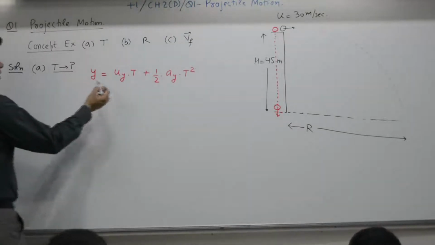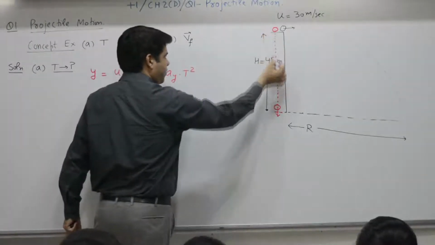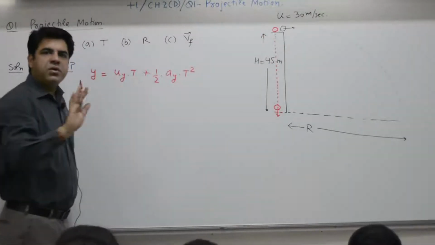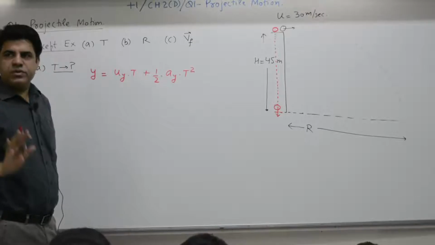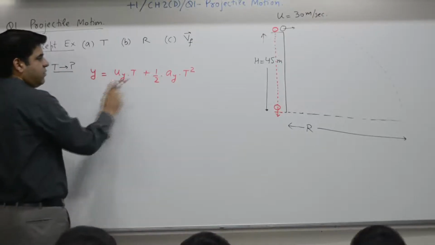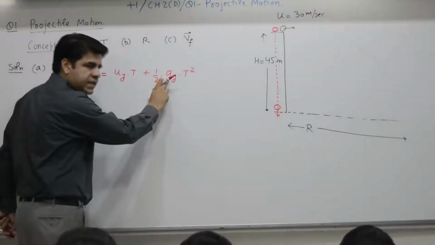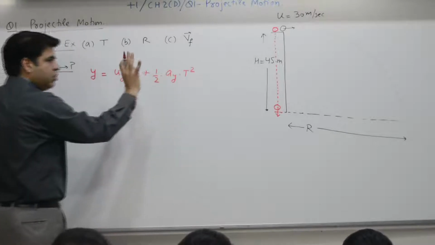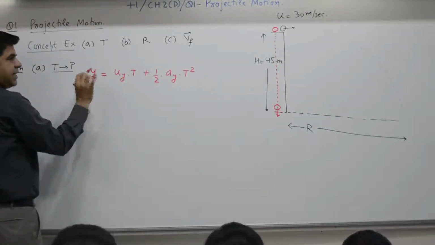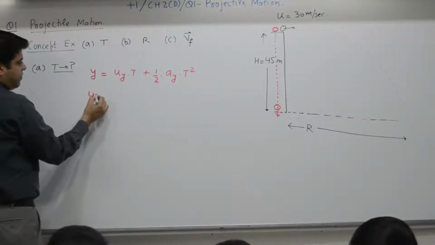Y is equal to what? Downward, you can write it as minus 45, not a problem, but we are concerned with only magnitude. If you write this as minus 45, you will write ay is equal to minus 10. So, temporarily, let me write the magnitude for convenience, 45.